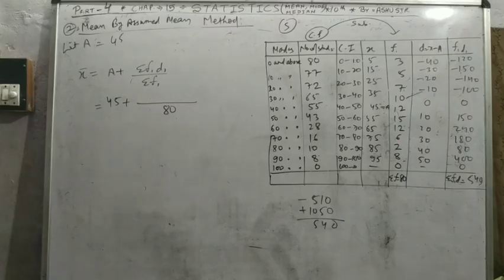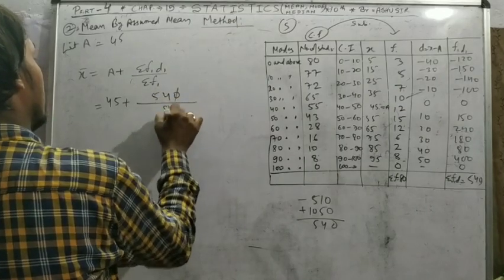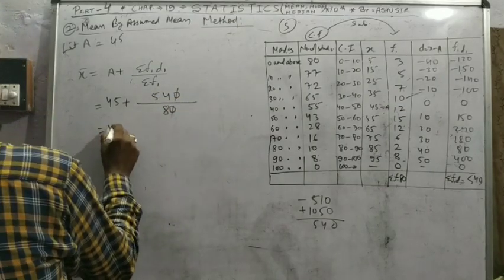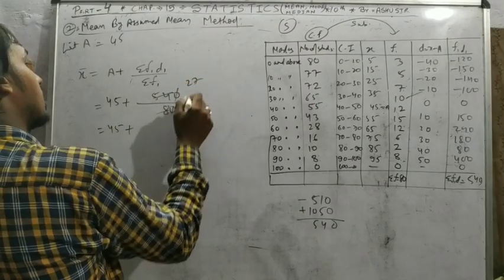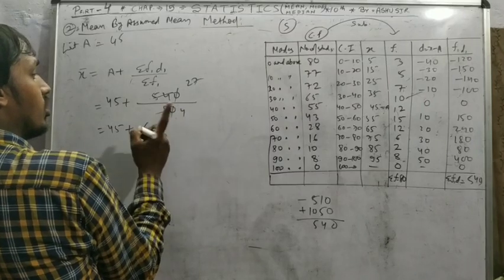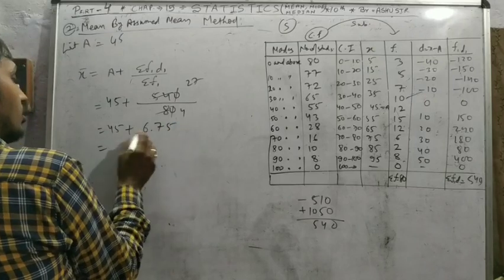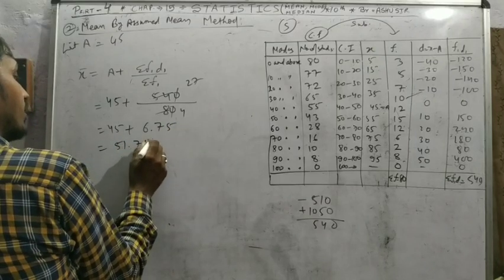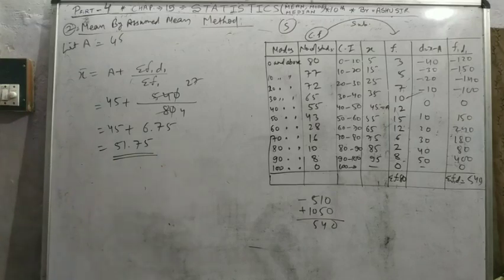Then put all the values. 0 cancels. 45 plus 540 upon 80, which gives 51.75. This is the mean of the given data by the assumed mean method.